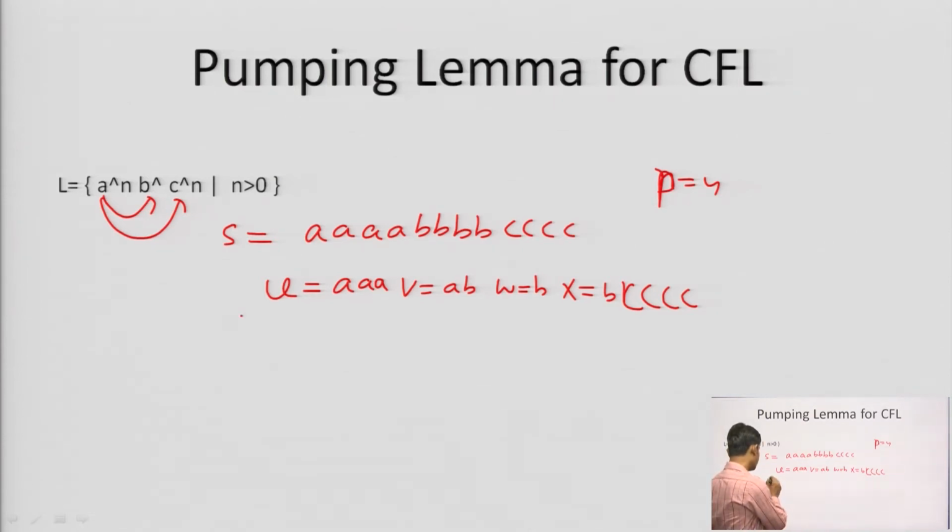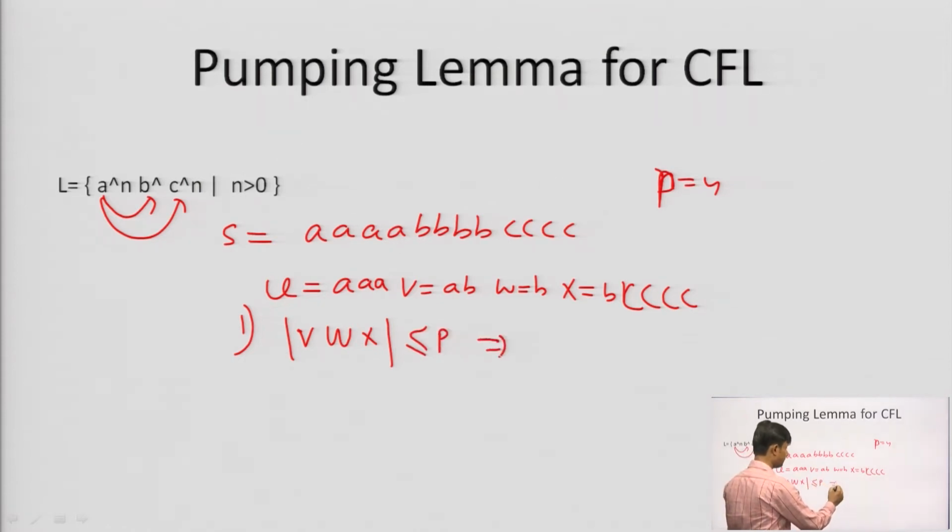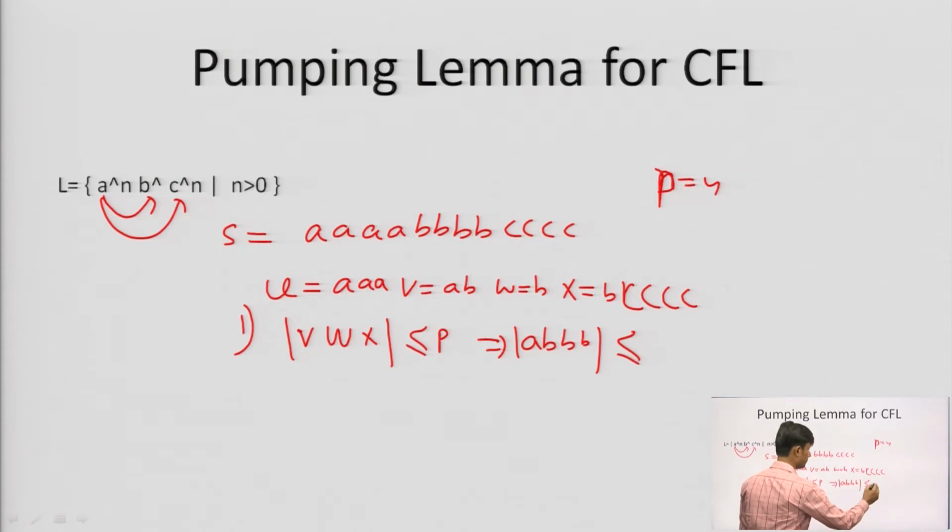The first step is saying that the length of VWX should be less than or equal to P. You can check it, here we have taken A, B, B and B, which is less than or equal to the pumping length 4. So, this is one condition.